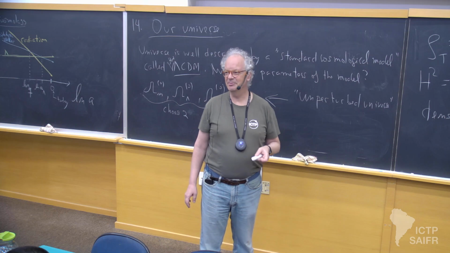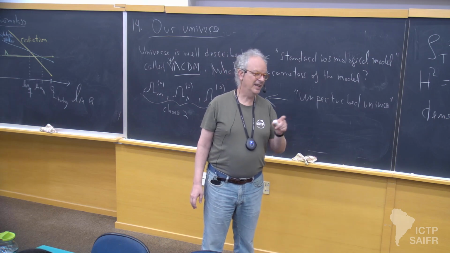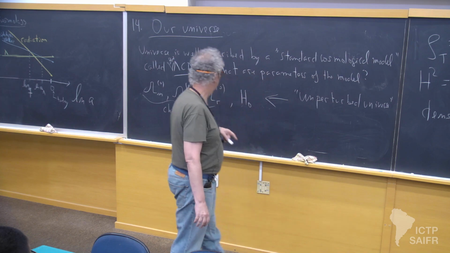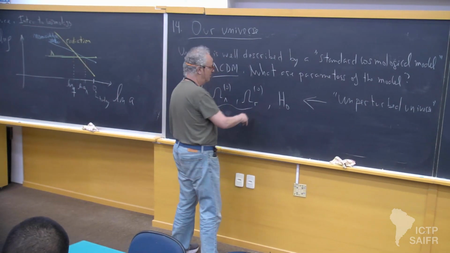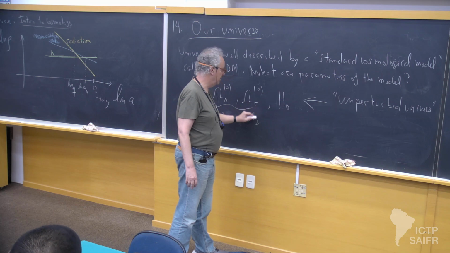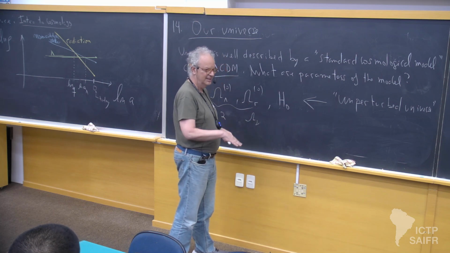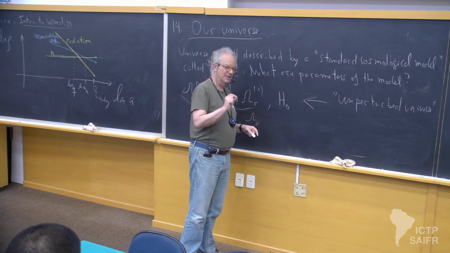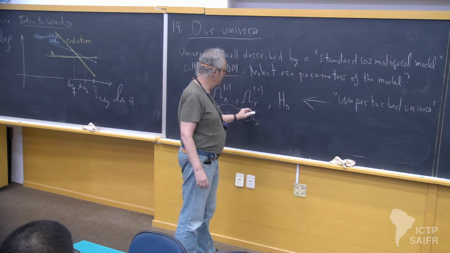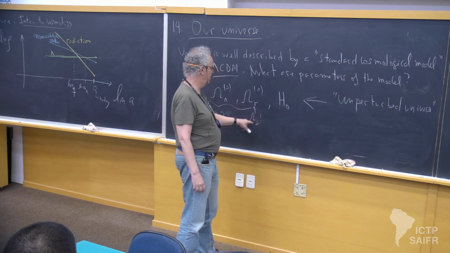Neutrinos are very light particles, and they can be relativistic, depending on the mass. So this relativistic part should include neutrinos. But we don't know much about the neutrino masses. We know they are light, we know their mass differences, but we don't know exactly what the masses are. So there's a little bit of uncertainty in the contribution of neutrinos to this part.